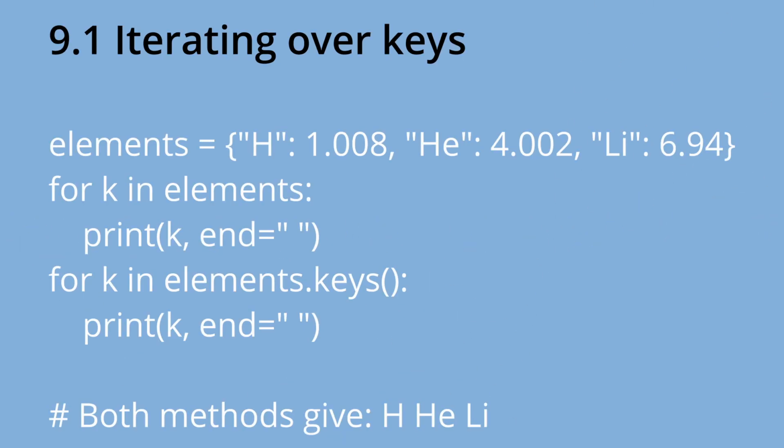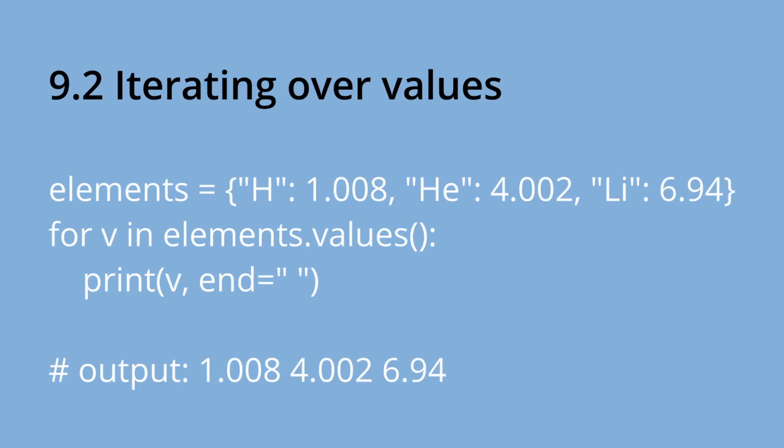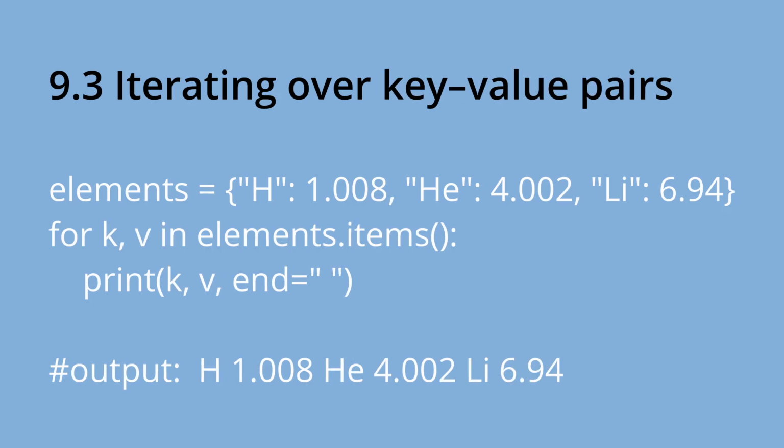Iterating through dictionaries. Let's look again at the elements dict. Iterating over keys, or more explicitly using the keys method, will print keys H, HE, LI. Iterating over values, you use the values method. For v in elements.values, this will print values 1.008, 4.002, 6.94. Iterating over key-value pairs, use the items method along with k and v tuple unpacking.